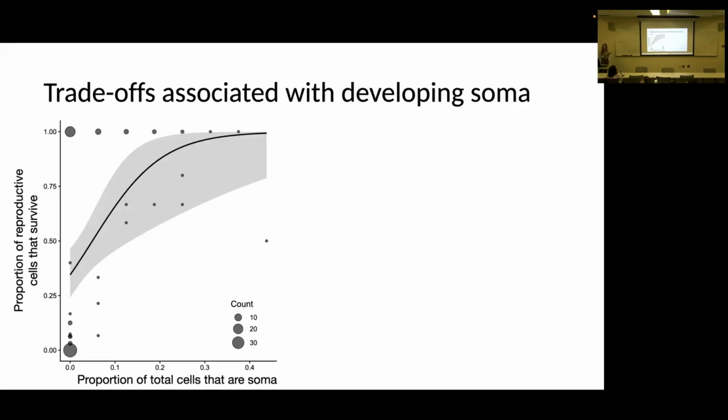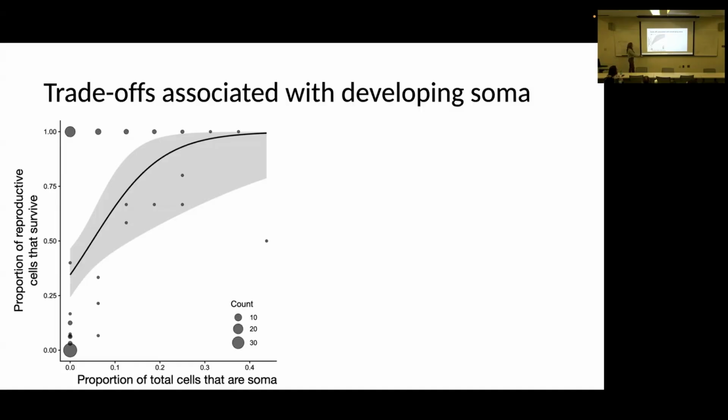Then I looked to see if having more somatic cells is associated with greater reproductive cell survival. So here you can see on the x-axis, we've got the proportion of total cells that are soma. And on the y-axis, we have the proportion of reproductive cells that survive. So cells can be living soma, they can be dead soma, they can be living reproductive cells, or they can be dead reproductive cells.